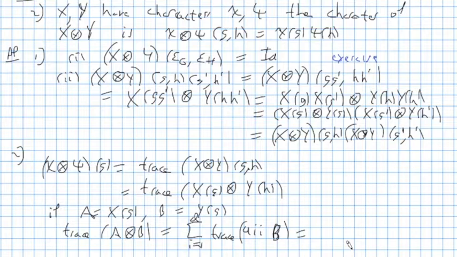And this is the same as summing over 1 to D of AII times the trace of B.